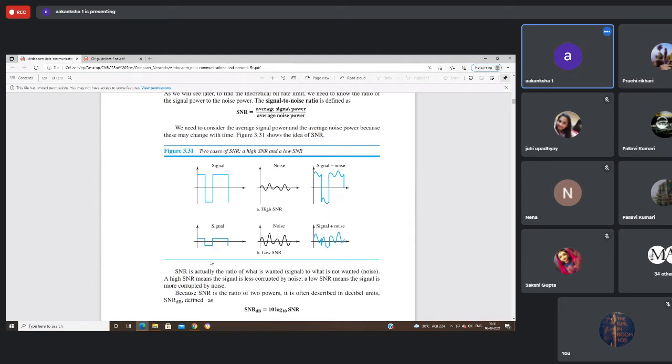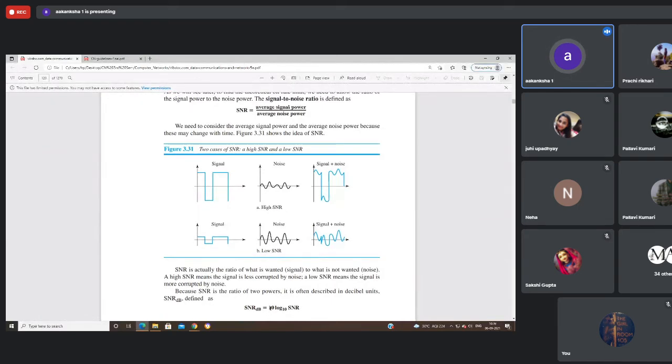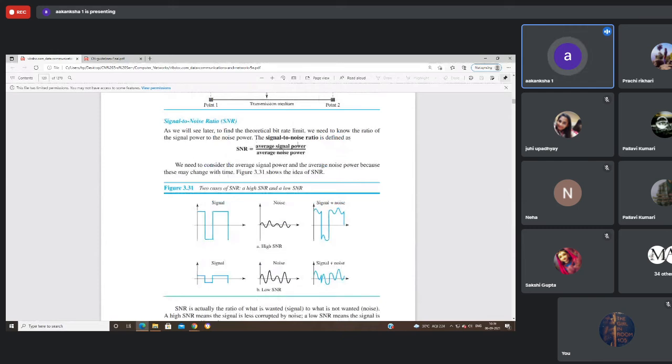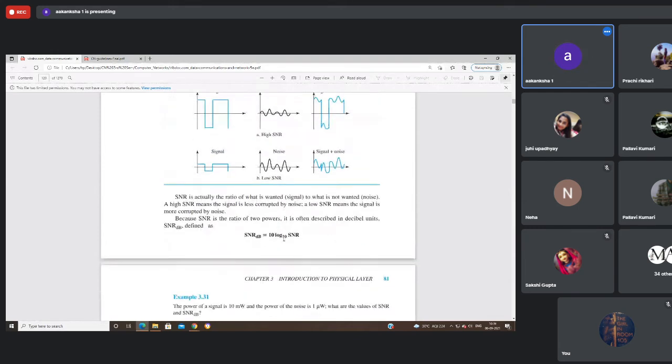Is that clear? The ratio is the wanted signal to what is not wanted, that is noise. So high SNR means the signal is less corrupted by noise. Low SNR means the signal is more corrupted by noise. SNR is a ratio of two powers, average signal power and average noise power.